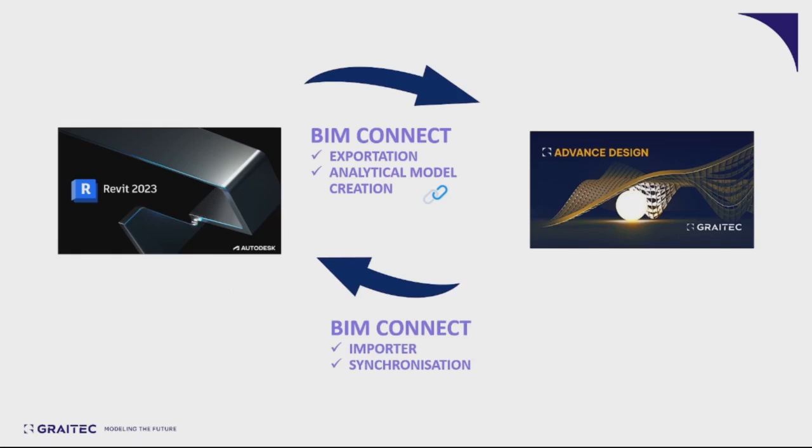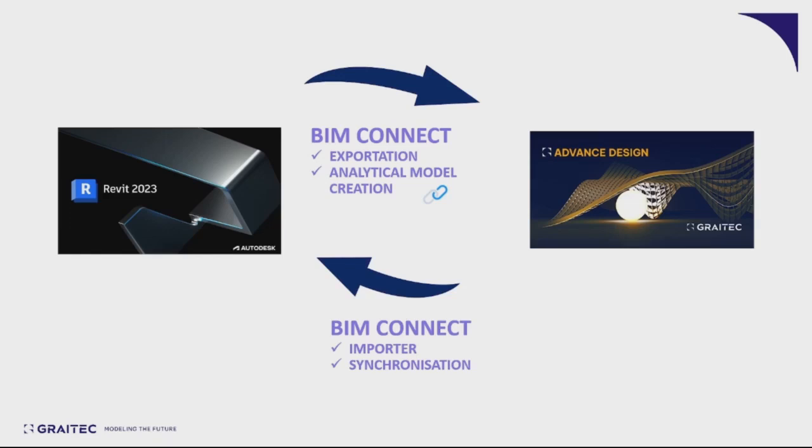The model can be transferred from Revit to Advanced Design, following some modifications that need to be done in Revit. And then after analyzing the model and performing any design, any modification on the sections based on the design, the model can be transferred again from Advanced Design back to Revit and we are able to access the results we obtained using the finite element analysis of Advanced Design.